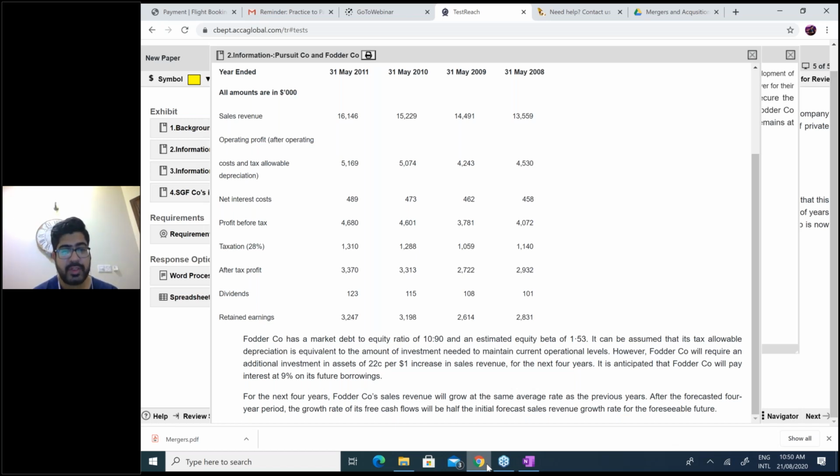For the next 4 years, Fodder's revenue will grow at the same rate as previous years. Very important thing.